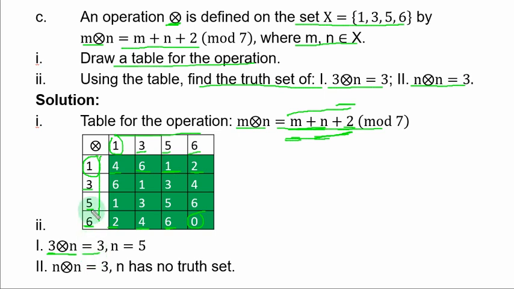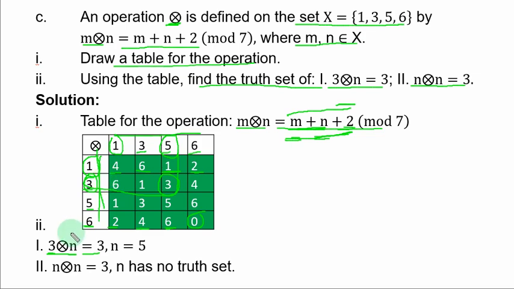What you do is that this is the m row. So in the m row, you locate 3 and you trace 3 to where you have remainder of 3. When you trace it up, you have 5. So n is equal to 5.